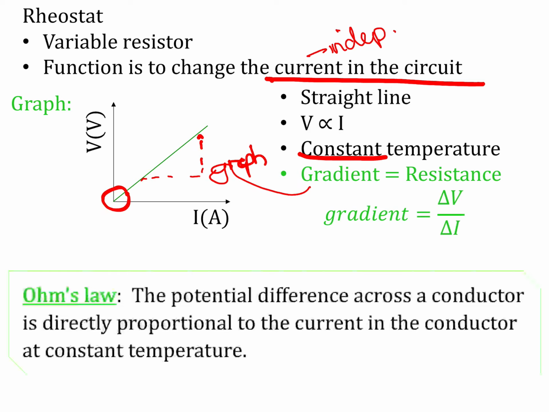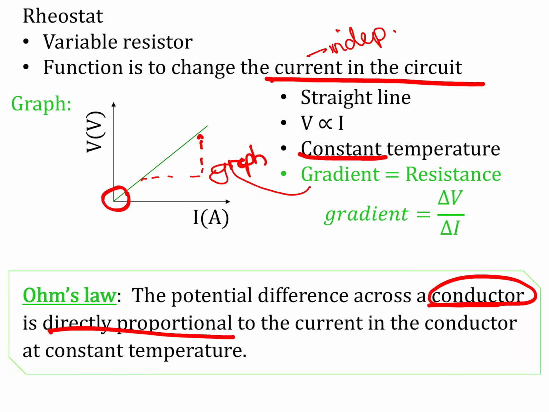The potential difference across a conductor is directly proportional to the current in the conductor at constant temperature. Please be careful here. You can't say circuit. We're looking at one specific part of the circuit, so we're looking at the conductor, or a resistor.